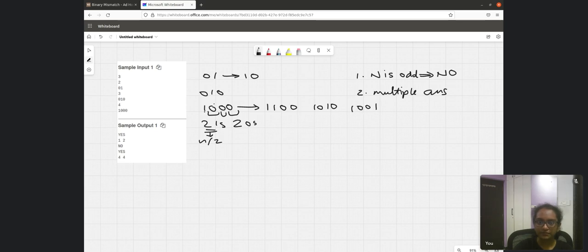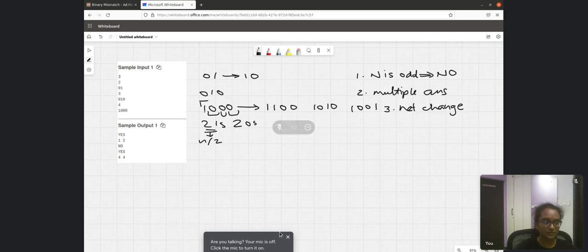And we also find another important observation, that it is the net change that matters. So what we can do is select this one as well, but because it turns into a zero, we'll have to collect one more zero than we were initially thinking.